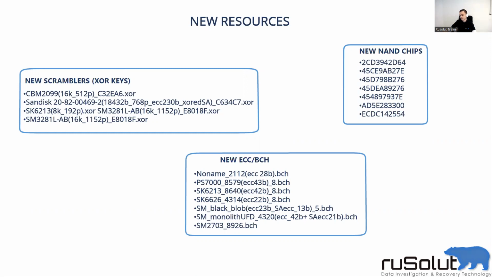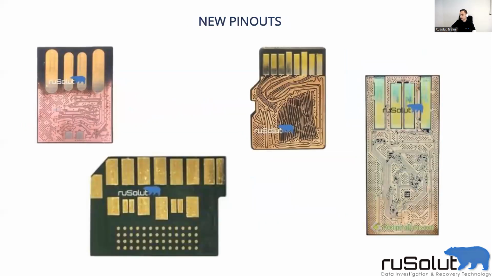I think that's clear for every one of you, and there is no sense to stop at this slide. So let's move on to our new pinouts that are also added to our pinout database. And now you can also solder such chips on your monolith boards and successfully read them with our software.